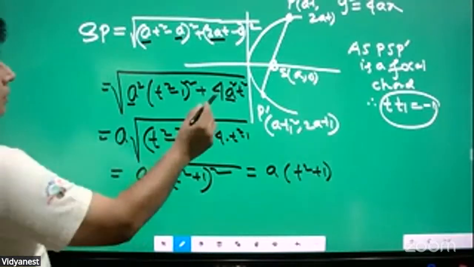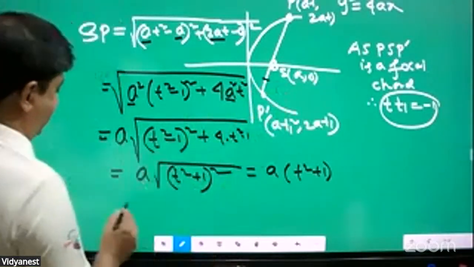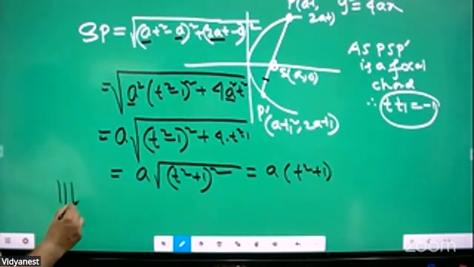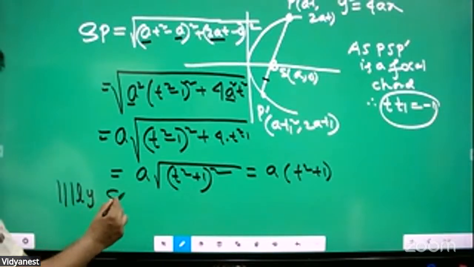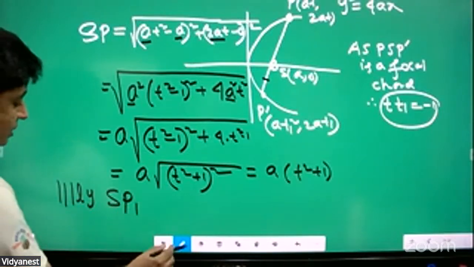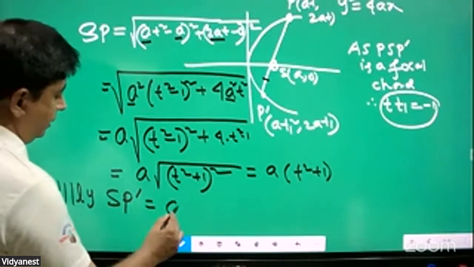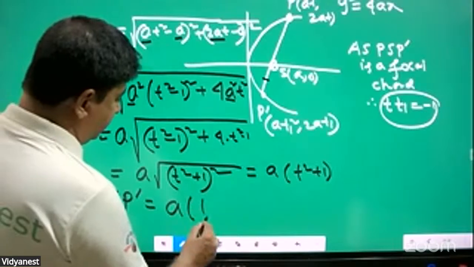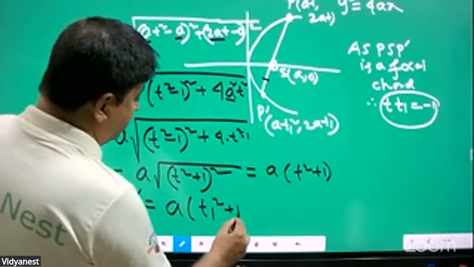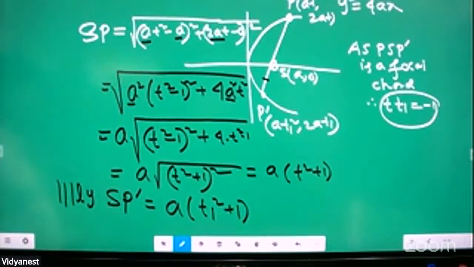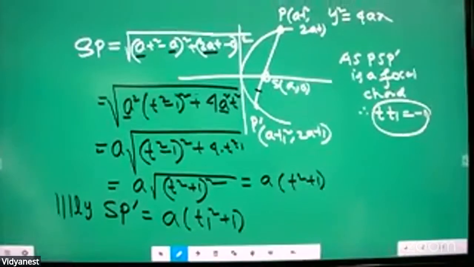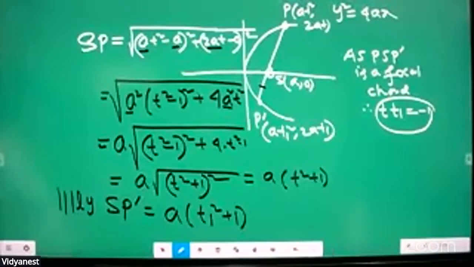Similarly, I can get SP dash. SP dash is a(t1 square plus 1).